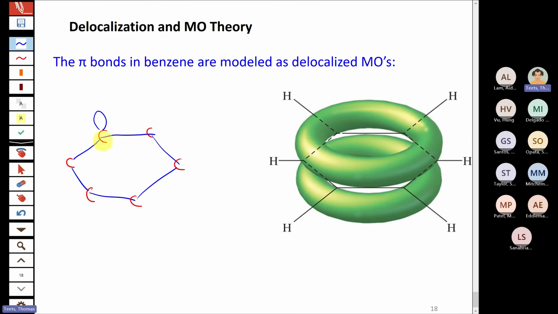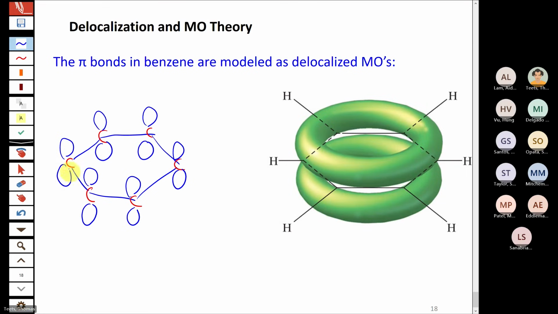So you're going to have a p orbital on each carbon atom, perpendicular to the 6-membered ring. And if they're all lined up with the same phase, you can have overlap above the ring and below the ring from those p orbitals.